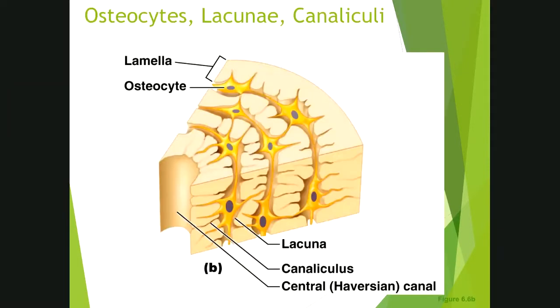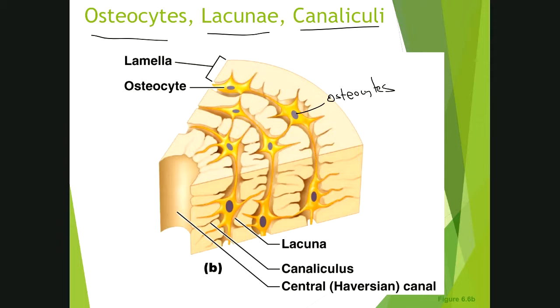We also have these cells, and they're located in these little spaces called lacuna. And then we also have these little tiny canals that they extend their arms through. So there's the cell. These are osteocytes. Remember, osteocytes maintain bone.